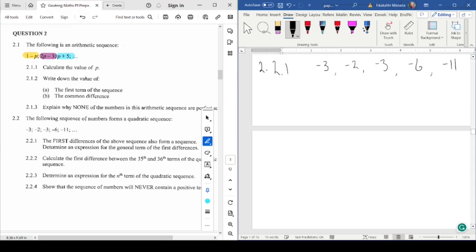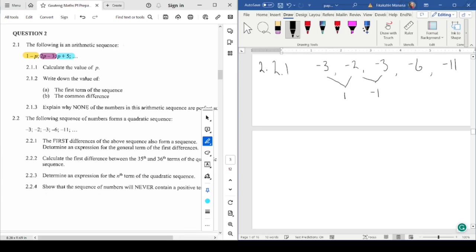Now, when they say the first difference, they mean we have to subtract the numbers. Minus 2 minus 3 gives you a positive 1. Then minus 3 minus 2 should give you minus 1.